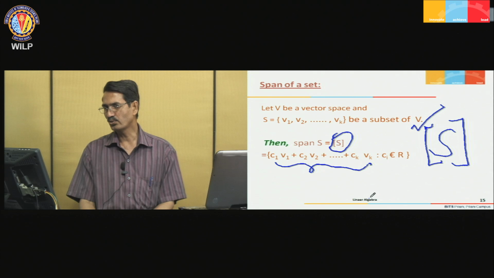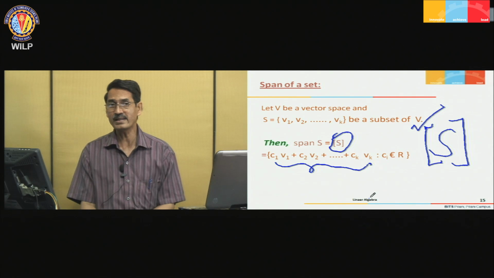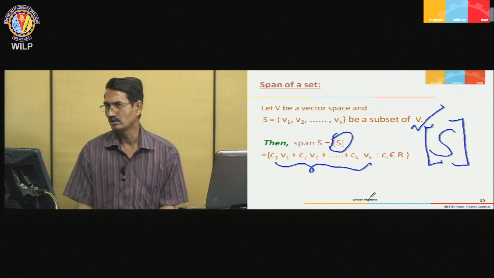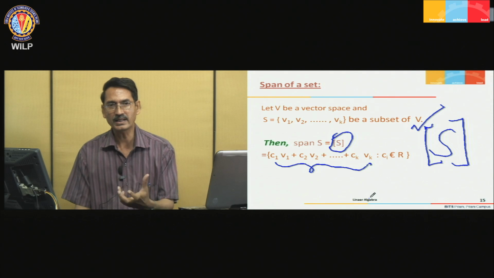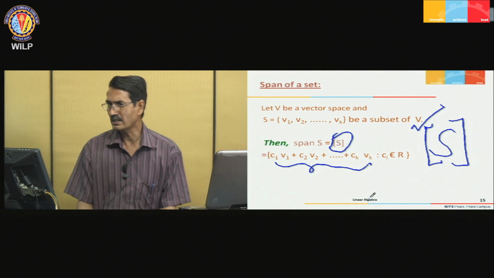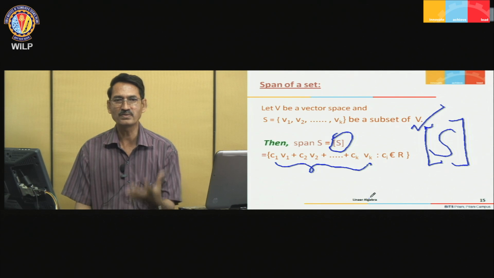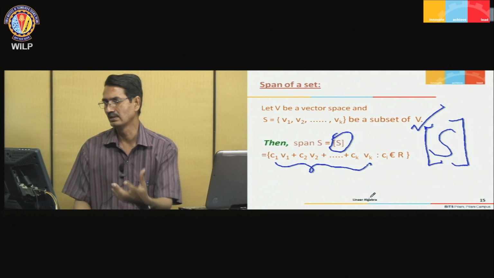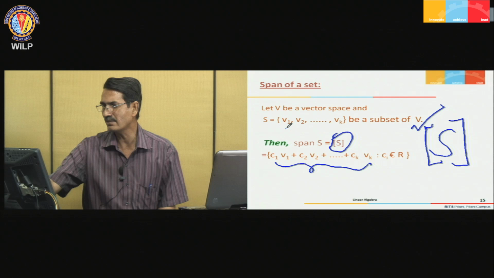Okay. So, see here whether the 0 element is in the span of S or not, that is very important. What is the meaning of span of S? Set of linear combinations of the elements of S. So, S has the elements v1, v2, ..., vk.